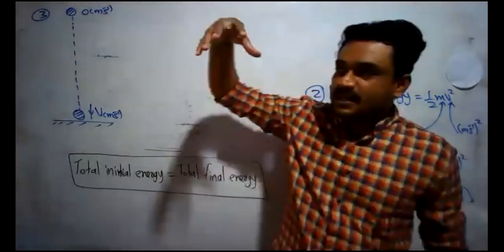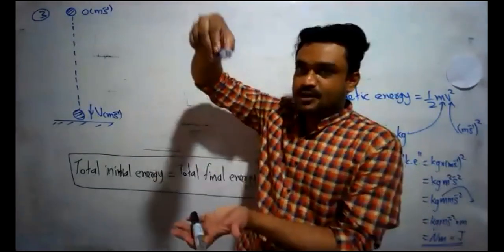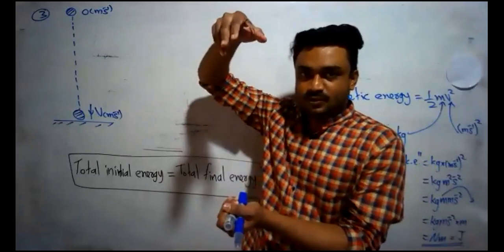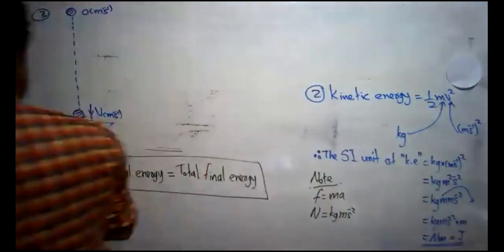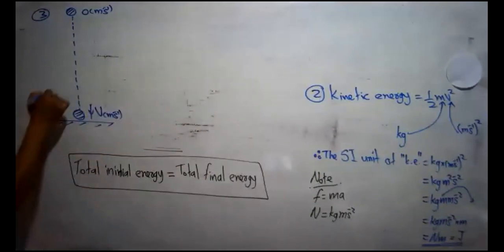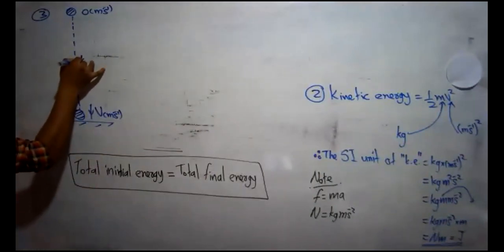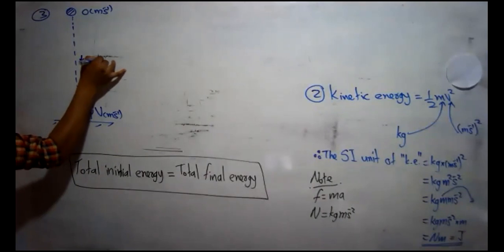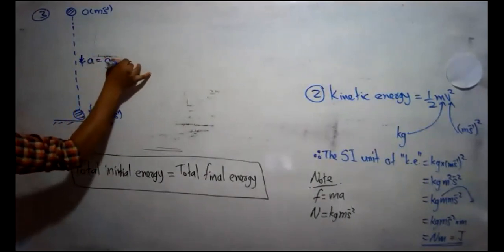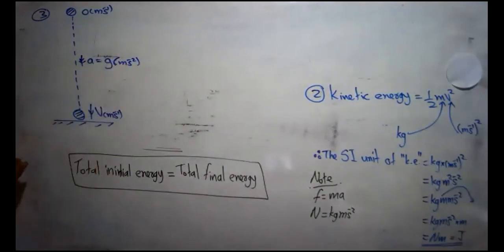Something is dropped means initial velocity is 0. So it hits the ground with the velocity of v. We know that when an object falls freely under gravity, its acceleration is simply g meter per square second.